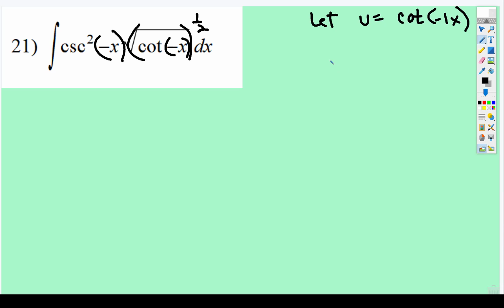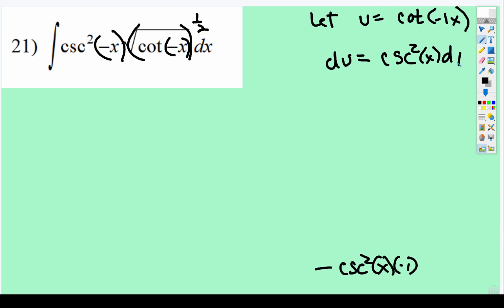And then, oh, this is going to be tricky. Well, the derivative of cotangent is negative cosecant squared times the derivative of -1x, which is -1. So that becomes positive cosecant squared x dx.